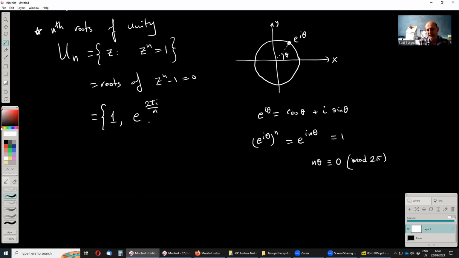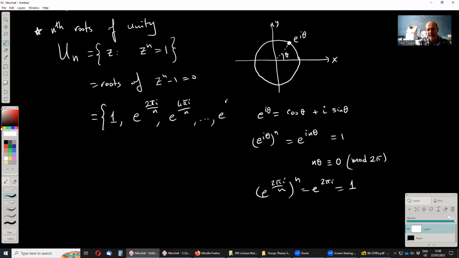All right, because if I take the nth power of this thing, I'm going to get e to the 2 pi i. So e to the 2 pi i over n to the power n is equal to e to the 2 pi i, which is equal to 1. And so on, right? We can write e to the 4 pi i over n and so on.